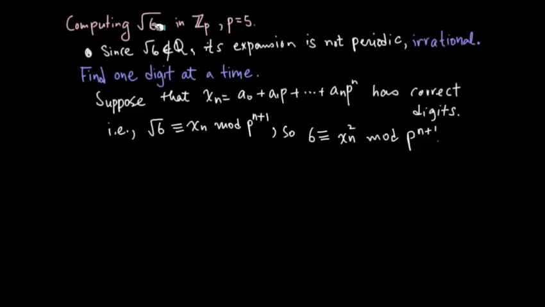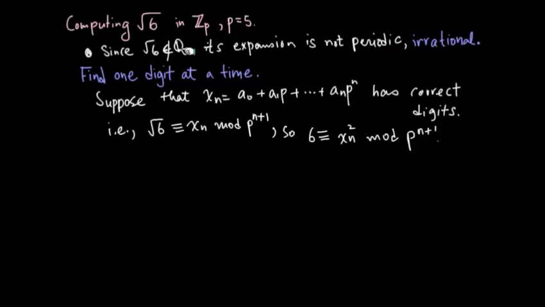6's unit is 1 mod 5, so 1 is a quadratic residue, and x squared congruent to 1 mod 5 is solvable. But root 6 is not identified as within Q. You remember a lot of Q is actually identified in here. So there won't be a number in Q whose square is 6.